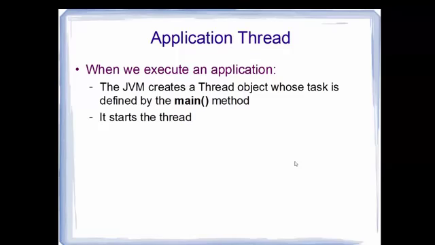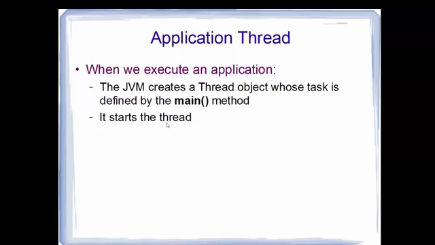Now, what is an application thread? As we all know, whenever a Java program is created, it runs on the JVM, which is the Java Virtual Machine. So whenever we execute a Java application, the JVM creates a thread object whose task is to define a main method, and it starts the thread.